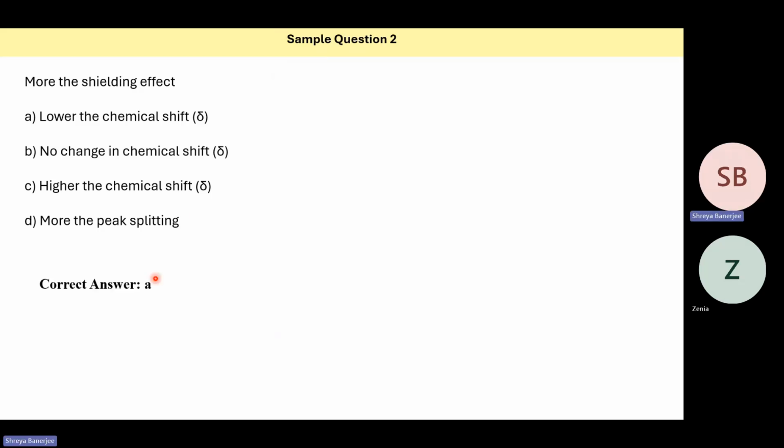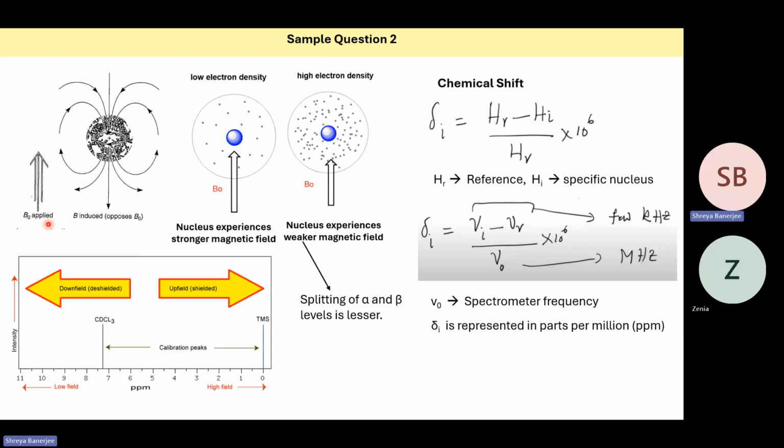Here the answer is A. So we have seen that when an external magnetic field is applied, it induces a magnetic field in the electron cloud surrounding the nucleus, and the induced magnetic field will be in the opposite direction to the applied magnetic field.